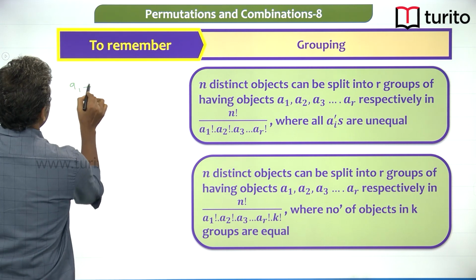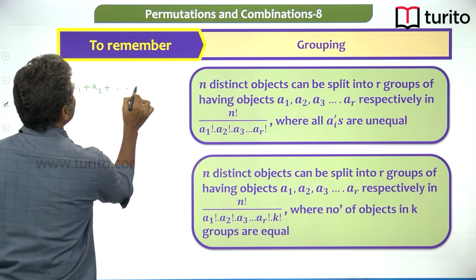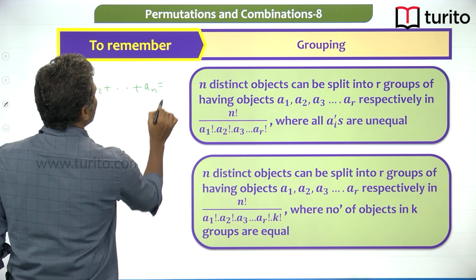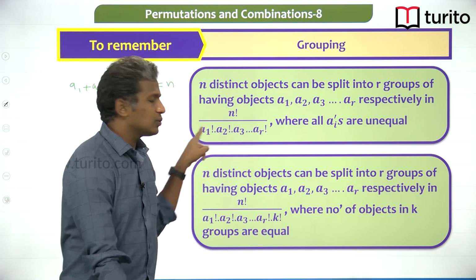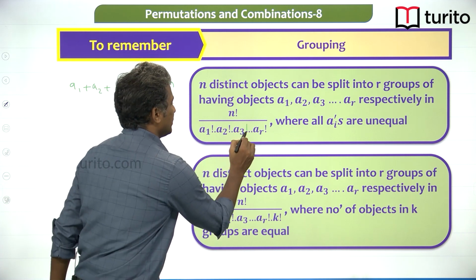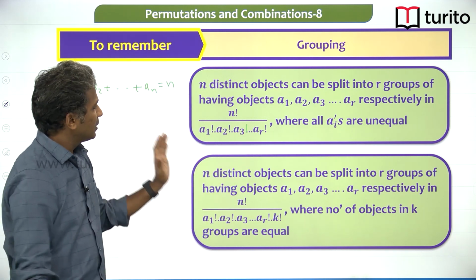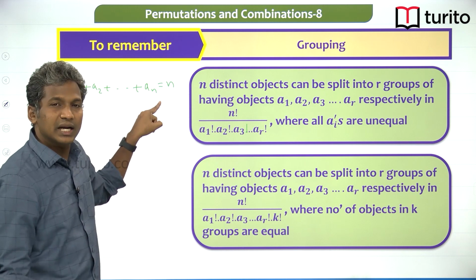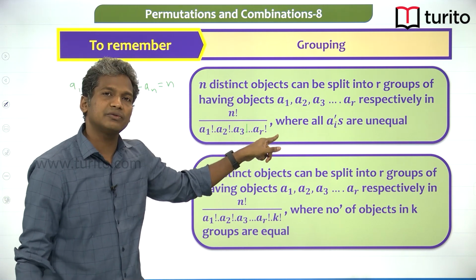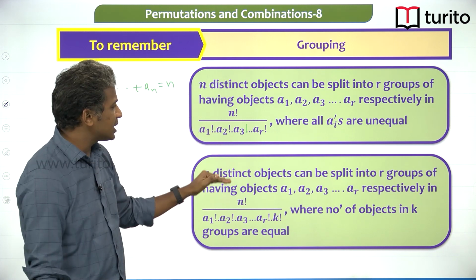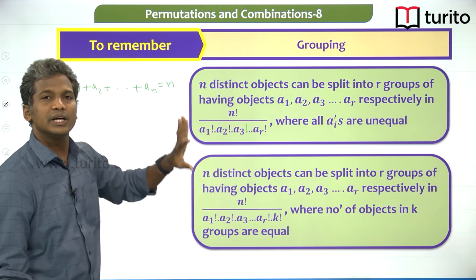If A1 plus A2 and this entire summation till AR is equal to the total number, then all these factorials will come here. Of course, there should be one factorial here. But if it is not exactly equal, if this LHS is less than n, there will be one extra factorial here. So in both these cases, assume that the sum of all of them is equal to n.